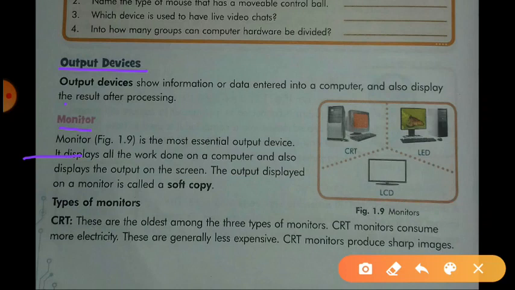The output displayed on a monitor is called a soft copy, and when we take output from the printer, that is called a hard copy. So this is the difference between a soft copy and hard copy.